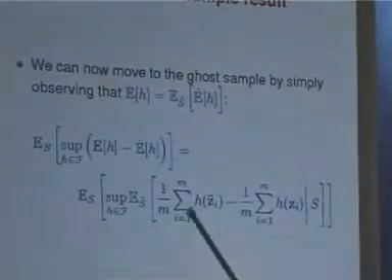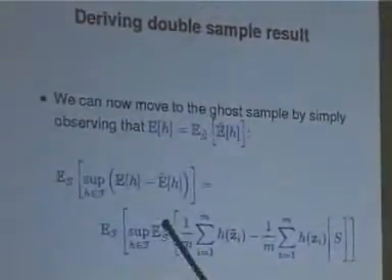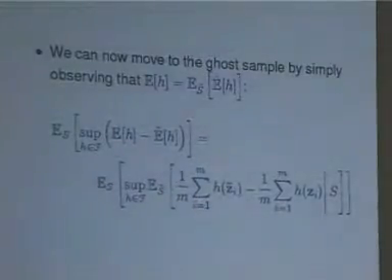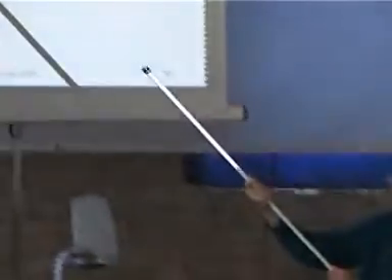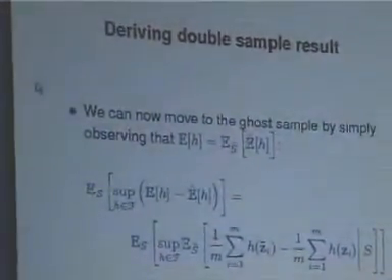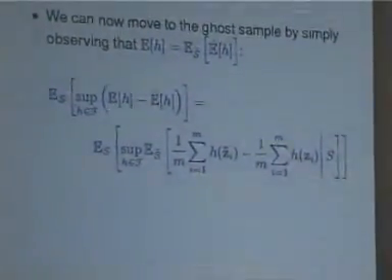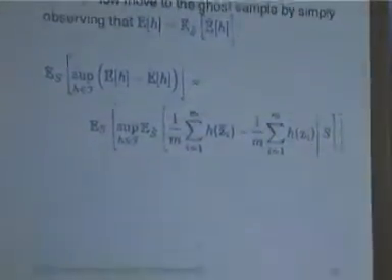If we replace that E of h by this quantity, we get the sup of the empirical estimation on the ghost sample, which I'm denoting by S tilde. And now I've written out explicitly what these empirical averages are. This is an expectation over S, the actual sample, and this is given S. Is that notation okay there? Do ask if there's anything that's not clear. So it's just the trick of replacing the true error by estimating it on a sample.